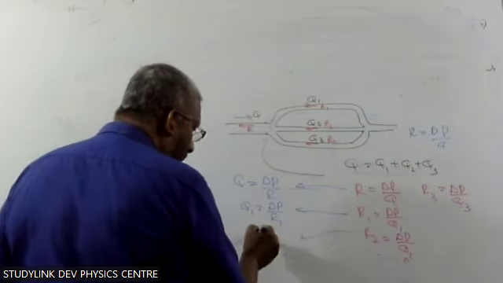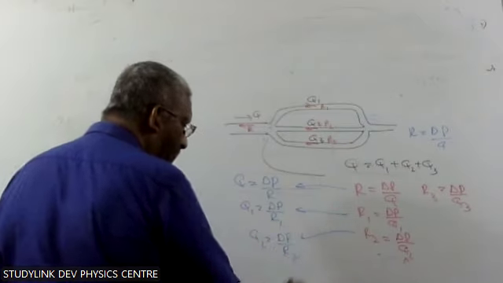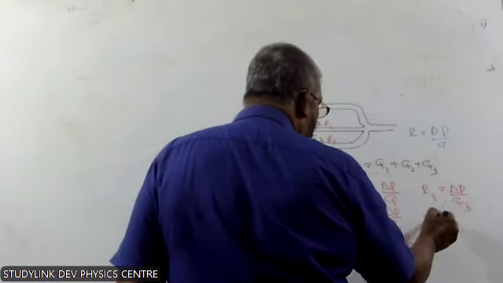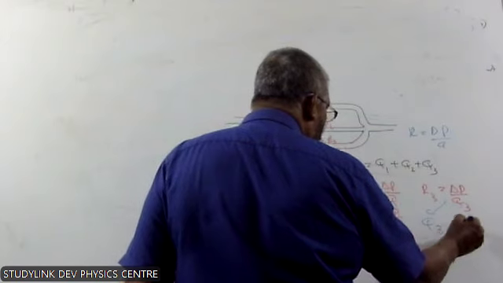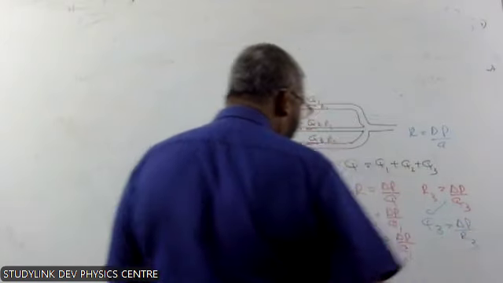From this one, Q2 is equal to delta P over R2. From this one, Q3 is equal to delta P over R3.